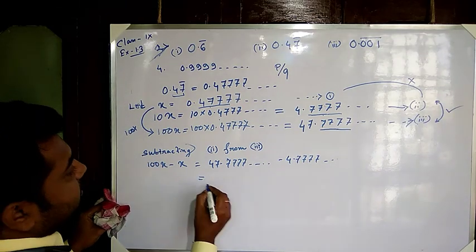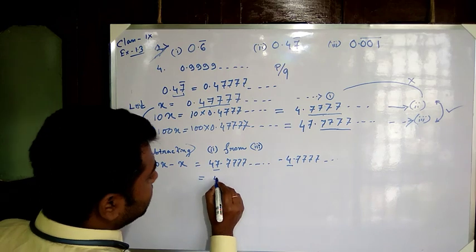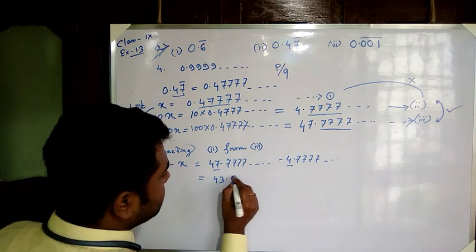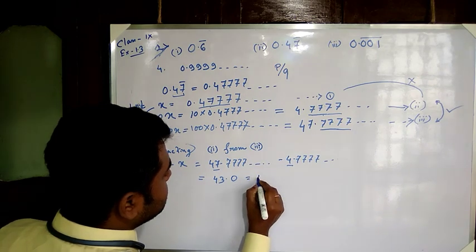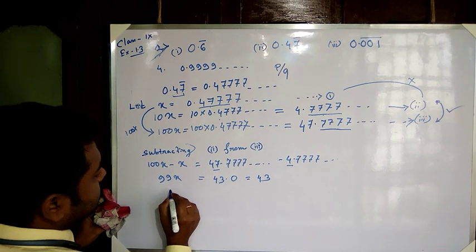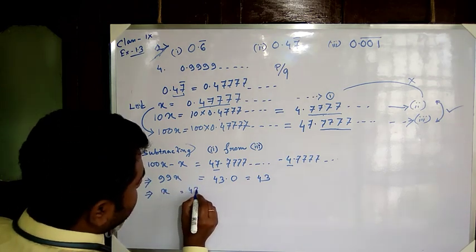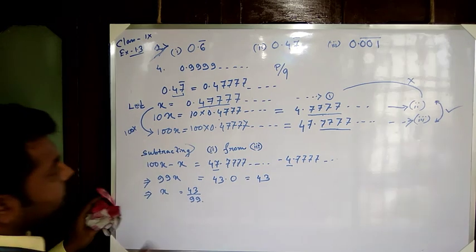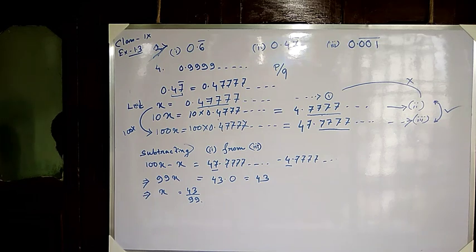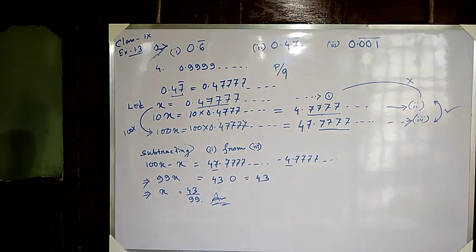If you subtract this, 47 minus 4 is 43, and the rest of the same part cancels, so 43.0 equals 43, and here 90x. So x equals 43 by 90. Complete. So it is your answer.